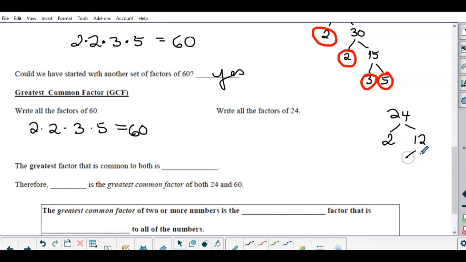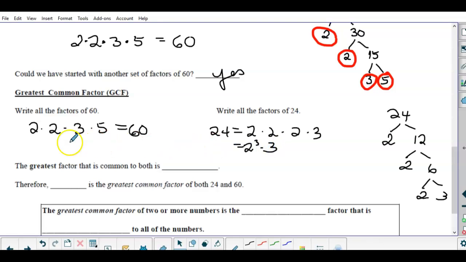Just keep working back. 12 is 2 and 6 multiplied together, and 6 is 2 times 3. Okay, so all the factors of 24 are 2 times 2 times 2 times 3. Now, if you wanted to use powers, you could go, okay, that's 2 cubed times 3. Over here, you could say, okay, that's 2 squared times 3 times 5.